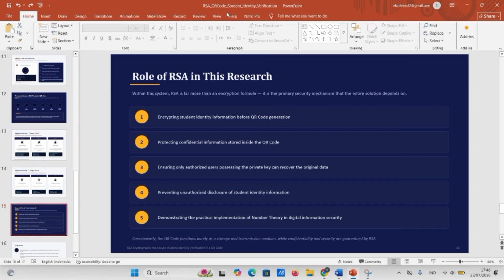RSA encrypts student identity information, protects confidential data inside the QR code, prevents unauthorized disclosure, and ensures that only authorized users can uncover the original information. Most importantly, RSA demonstrates how number theory can be applied directly in modern digital information security.